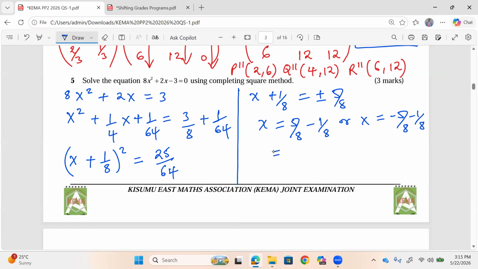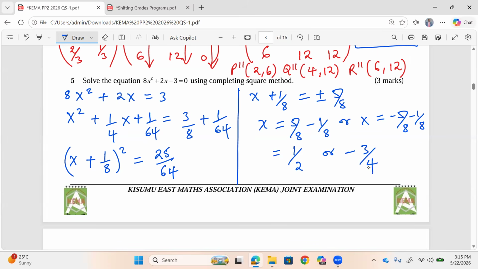So when we subtract these, we are getting exactly half. Yeah, 5/8 minus 1/8, exactly half, or -5/8 minus 1/8, -3/4.